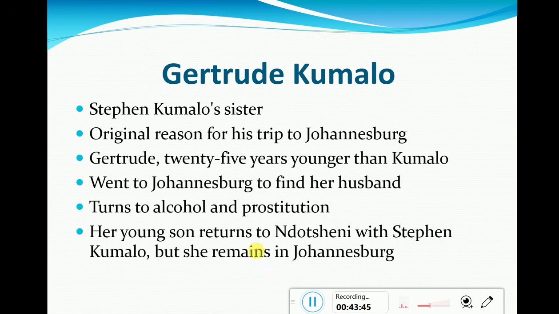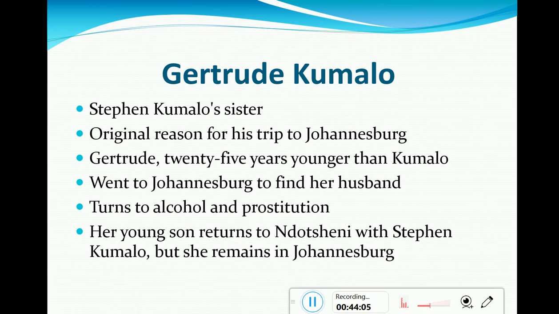And I can add to this that there's evidence to support the fact that Gertrude was not a fit mother. When Stephen Kumalo located her, he located her at Claremont. She was busy in a life of immorality.